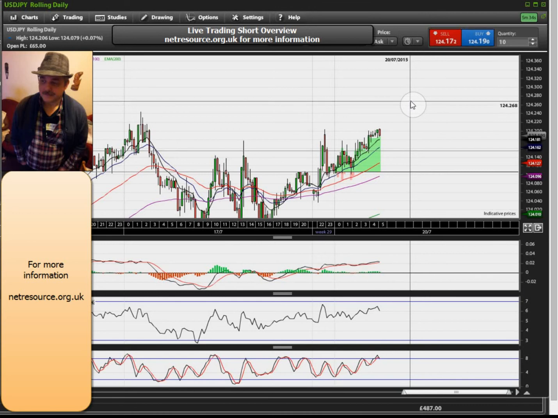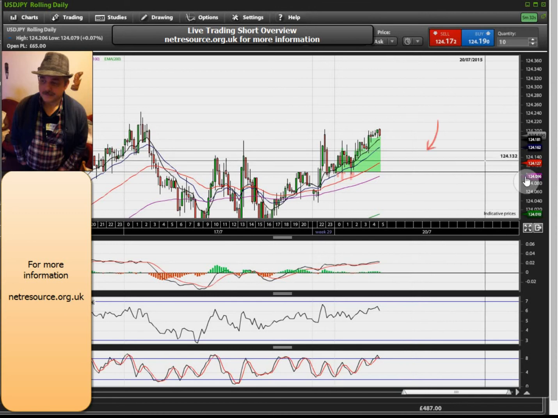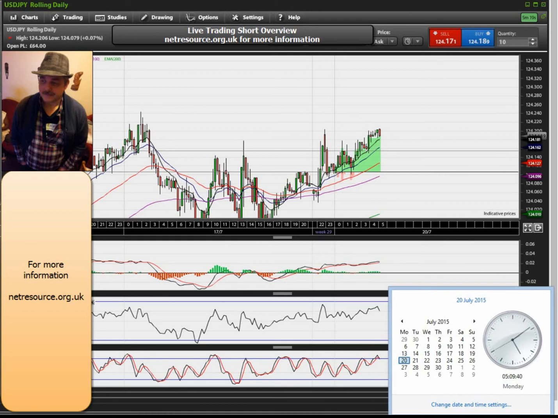The top line there is a stop that I moved up, and I simply think price will come back and stop that out. But I'm quite happy for it to do that. I'll still remain in profit. You can see, just to show you the date there, it's 5:10 on Monday the 20th of July.